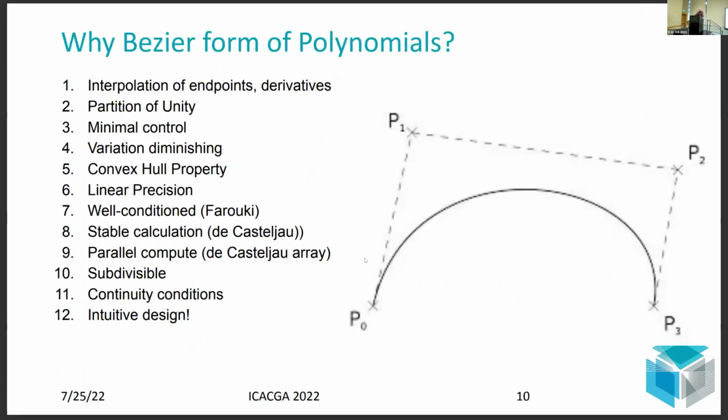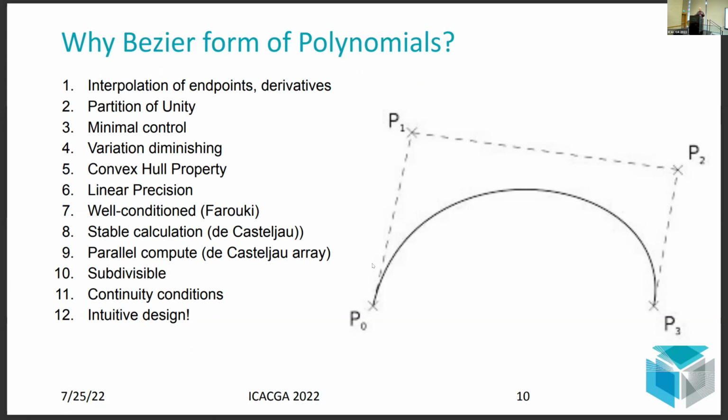First of all, like I said, it will interpolate the endpoints. The legs of the control polygon give you the tangents. If I move those points around, the curve follows it. It's very intuitive. So it has minimal control: 4 points, the degree of the polynomial. It has what we call variation diminishing.